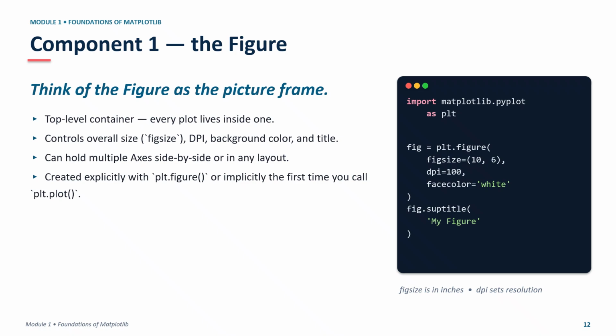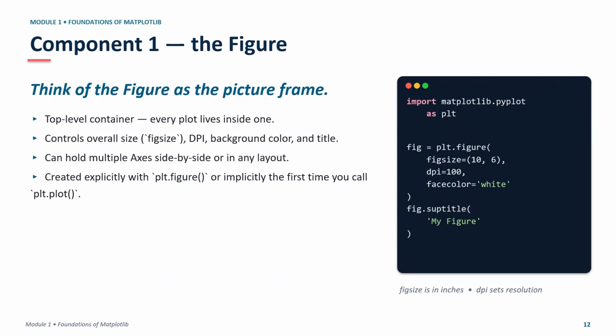Now let's go deeper on the figure, the top level container. The best analogy is a picture frame or a canvas. Before an artist starts a painting, they need a canvas, right? In Matplotlib, the figure is that canvas. So how to create a figure?